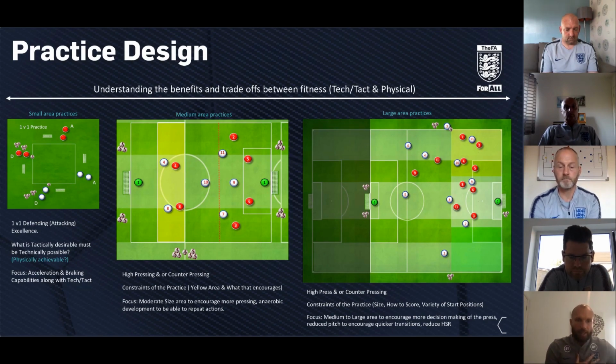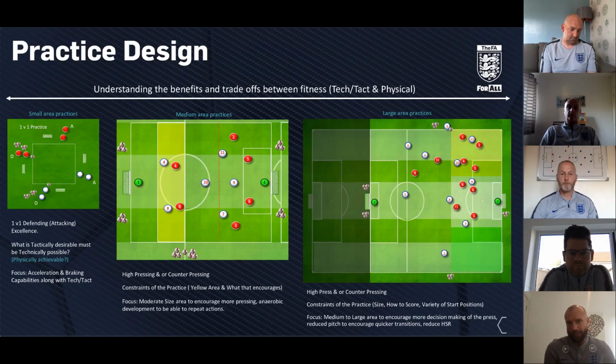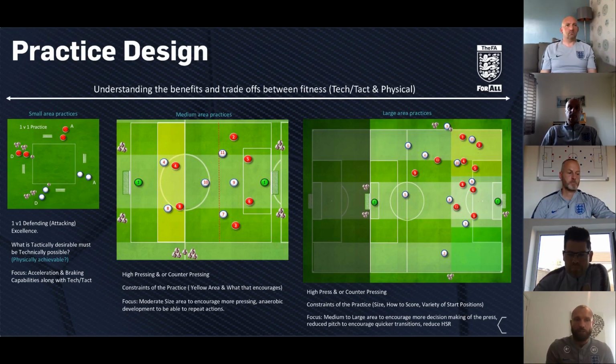Mine is that on match day -3, we'll do an out of possession day. So that'll be the theme, out of possession. Match day -2 will be in possession. And then match day -1 will be myself going through the 6 zones. So 3 out of possession, 3 in possession. We'll touch on the transitions, but it will basically be the game plan and how we play on match day -1.